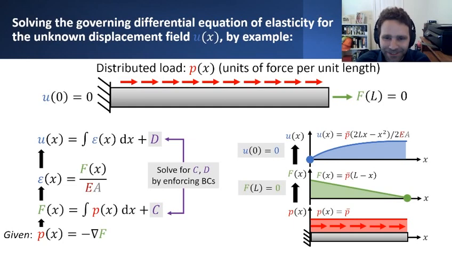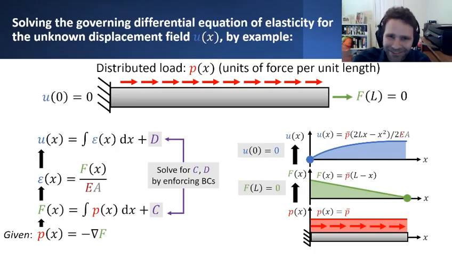And we get this function by integrating these differential relationships, twice in this case, noting that the resulting differential equation, the one that represents equilibrium, is a second-order differential equation with respect to the displacement field. In order to recover the displacement field, we have to integrate that resulting equation twice.